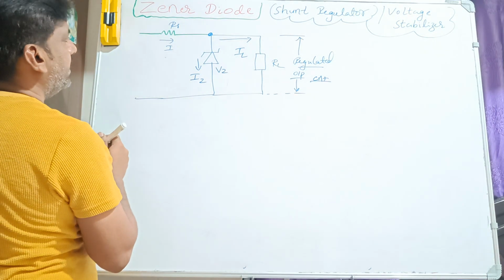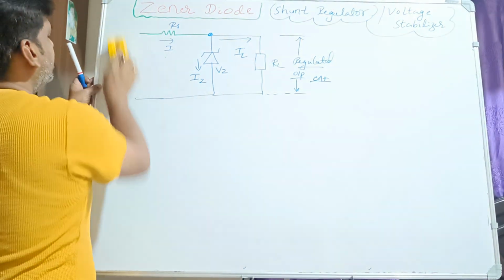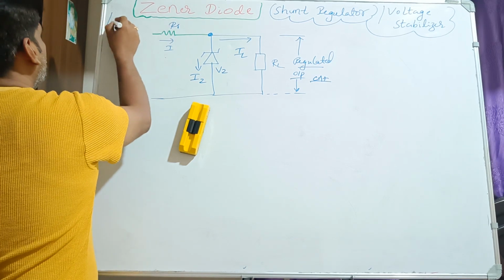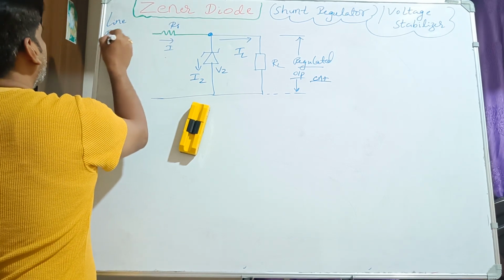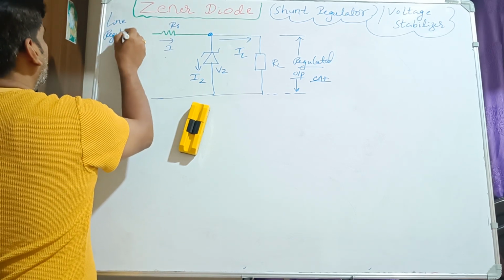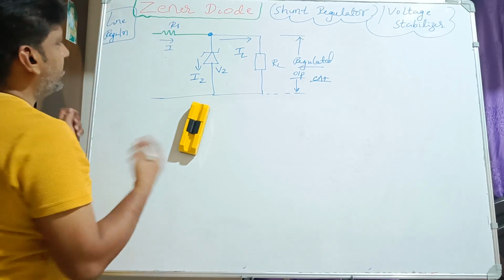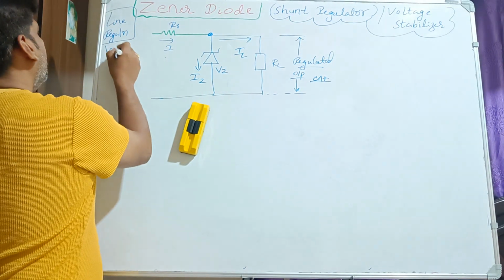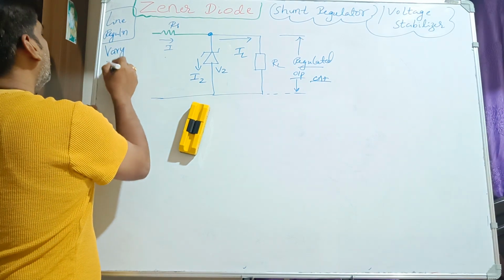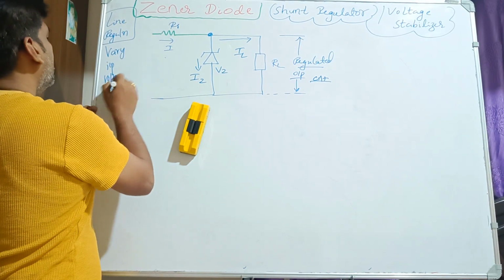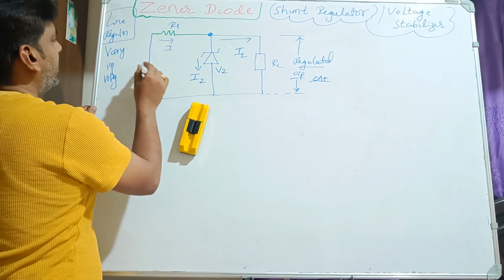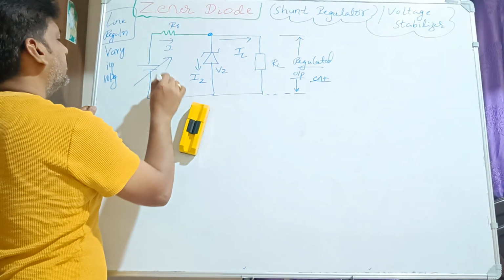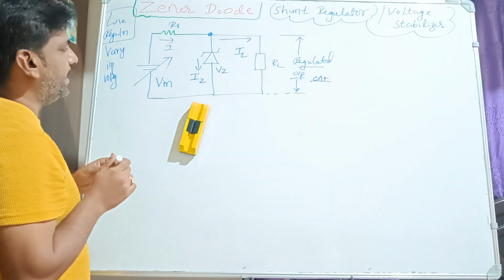We will take this heading as line regulation, or Zener diode acting with a varying input voltage. Whatever input we are taking, it is varying now.